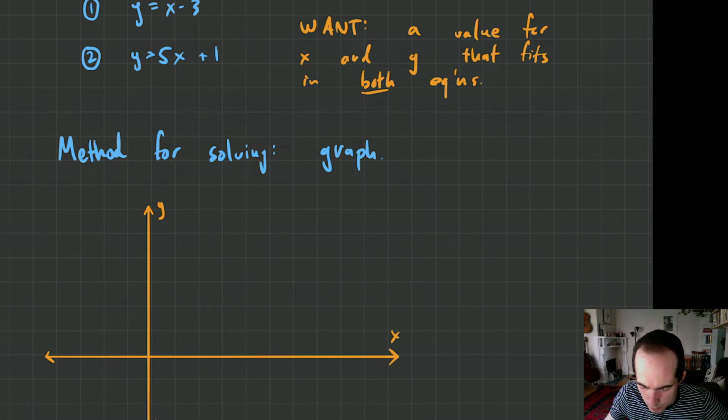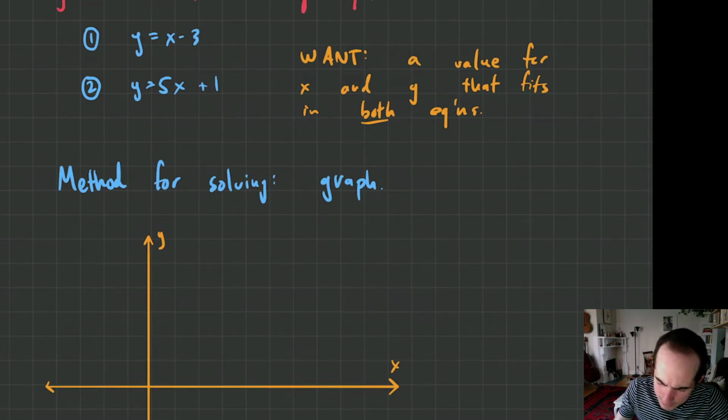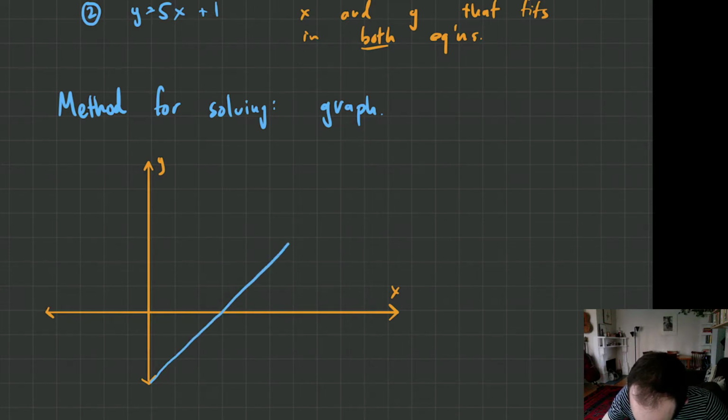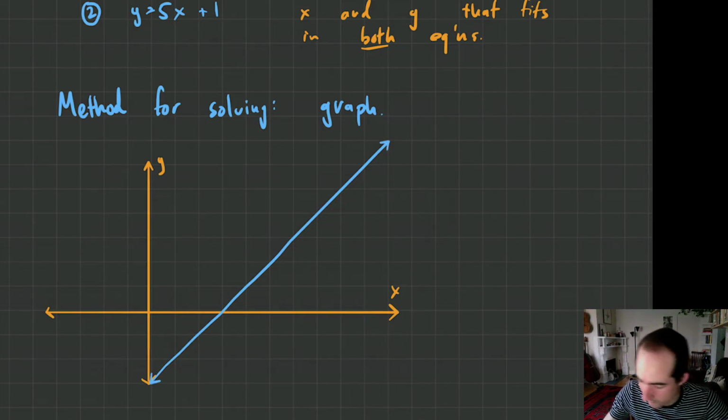So my slope is 1, and my y-intercept is negative 3. So it's going to go up like this. Actually, I'm going to use the straight line tool. So here we go, there is the graph of y equals x minus 3.